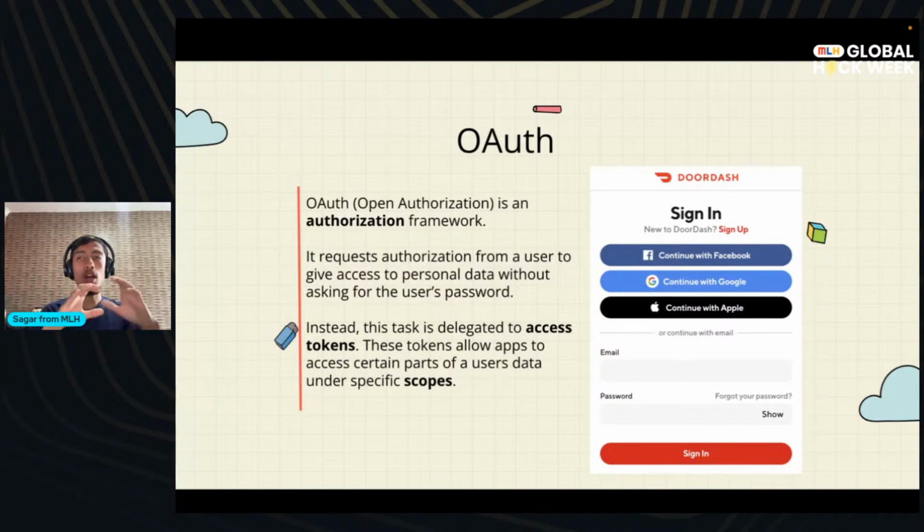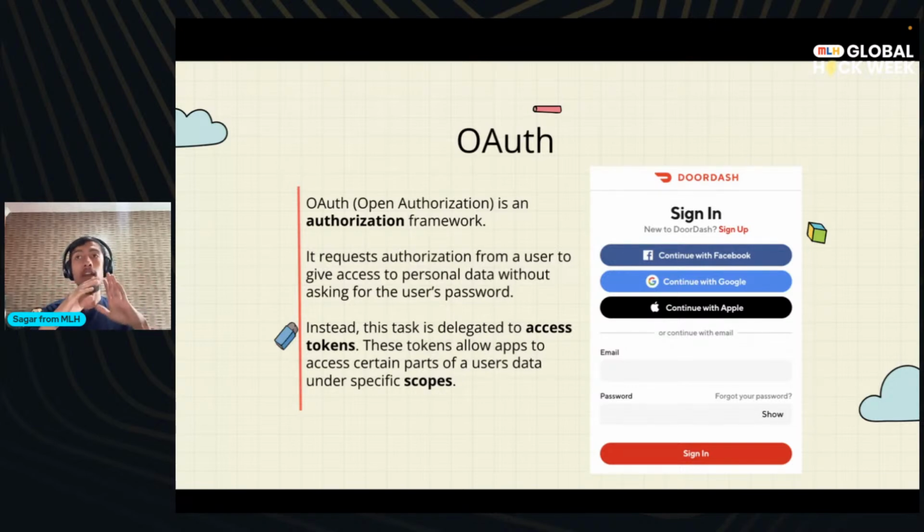And OAuth allows you to log into different applications by using third-party sites such as Facebook or Google. What this will do is take you to Google's page, and it will ask if you allow this application, like DoorDash, to send some information back, like your account name, your profile picture, or your date of birth, and some other details.